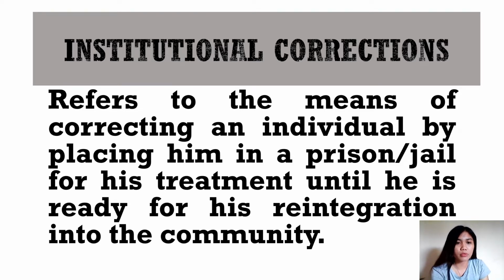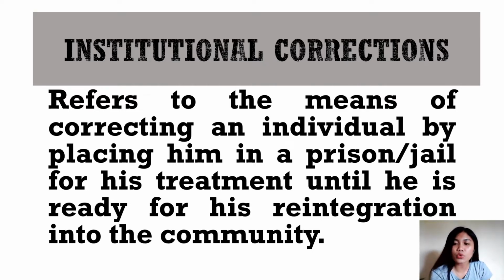Pero meron naman po sa modern criminology natin na hindi po agad-agad mapupunta si offender sa kulungan. Like for example, nag-avail po siya ng probation or yung nag-serve siya ng minimum sentence sa kulungan. And then, ilalabas siya right away to serve his sentence in the community.